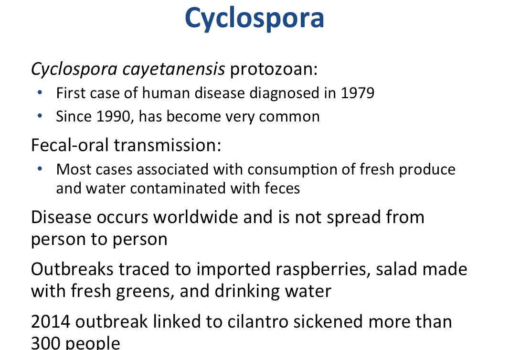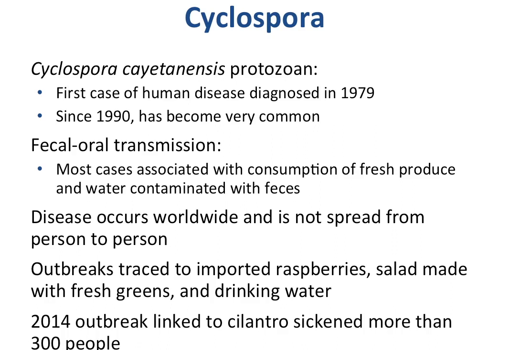Cyclospora cayetanensis. So this is one type of protozoan. So the first case is diagnosed in 1979. Since 1990, it becomes common.